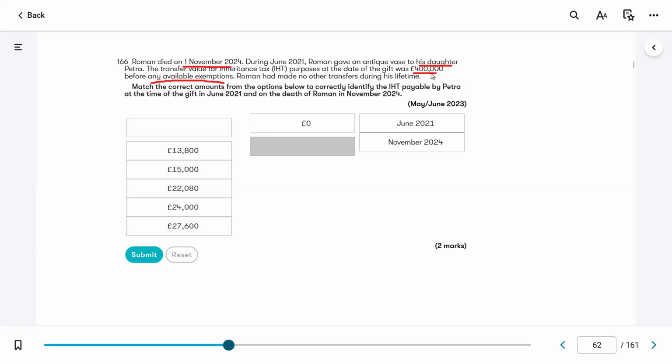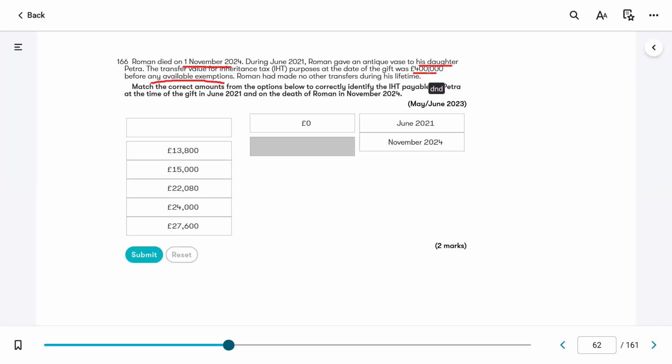Then we're going to deduct the nil rate band of 325,000, and whatever value is left, we're going to charge 40% inheritance tax on that. And after that, we're going to see whether this qualifies for a further relief. So let's first do this part of the working and then we move on.